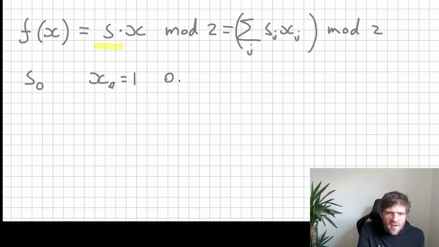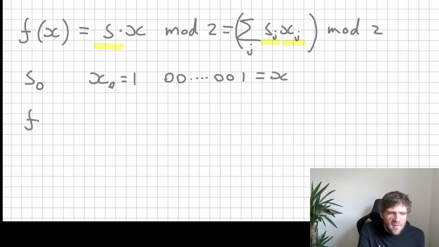So 0, 0, and so on, 0, 0, 1 as our x. Because in this case, the only time that one of these is going to be a 1 is the one for x_0, and so the output just comes out as the corresponding s_0.